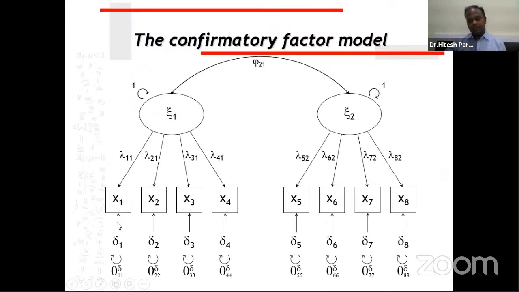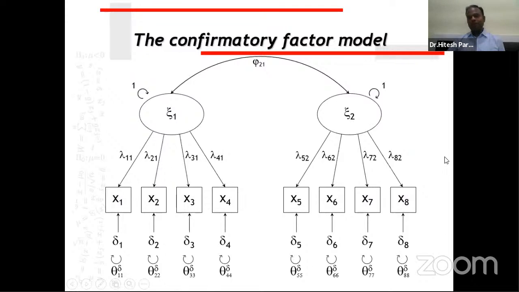At the same time, we need to estimate the error portion also. Also, we need to estimate the factor loadings. And one more thing that we need to estimate is the relationship between store image and satisfaction, how well they are related with each other, what the correlation between these is. So only through the scores of x1 to x8, we need to estimate these many parameters.